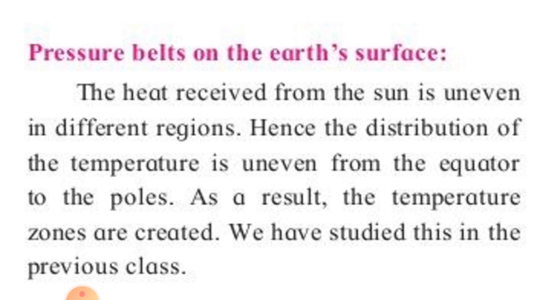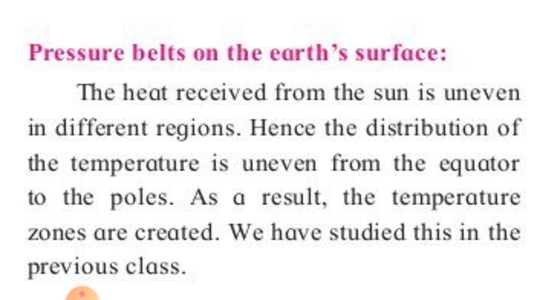The heat received from the sun is uneven in different regions. Hence the distribution of temperature is uneven from the equator to the poles. As a result, the temperature zones are created. We have studied this in the previous class. Dear students, please keep in mind that a question will be asked such as how did the temperature zones get created?